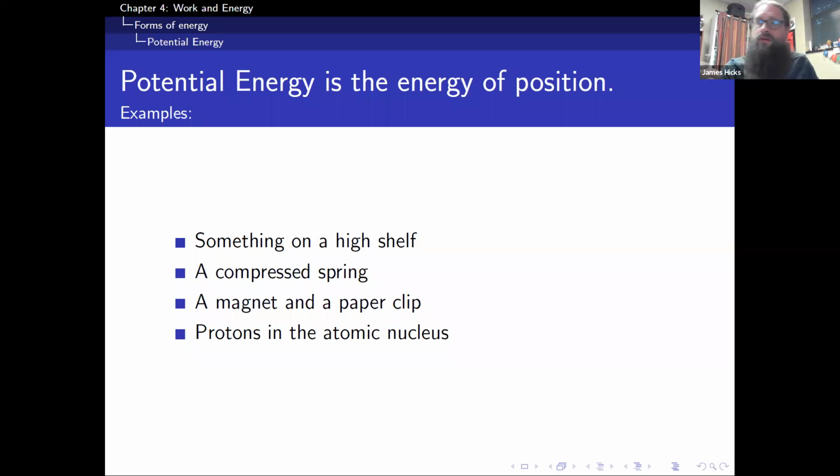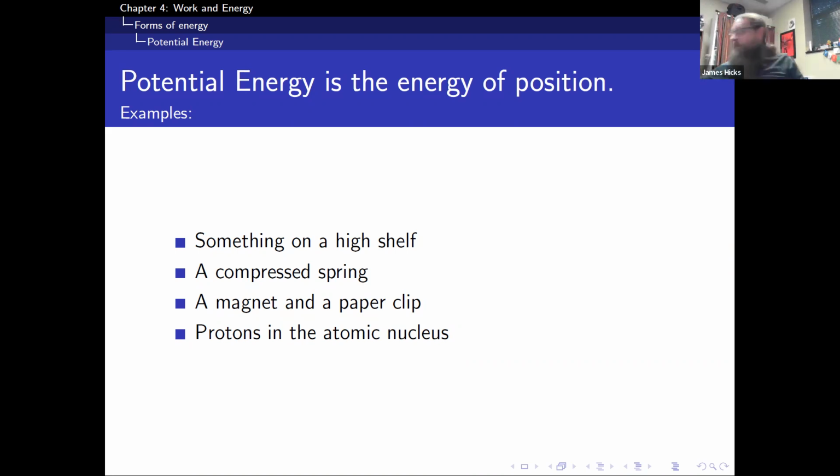Okay, the other flip side of the coin of kinetic energy is potential energy, and that's the energy some object has due to its position. There are a lot of different ways position can factor into this; it's a real general idea. If I lift something and put it high up on the shelf, that position is how high it is off the ground.